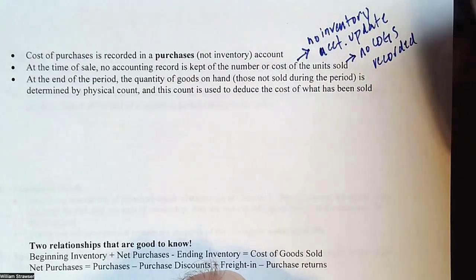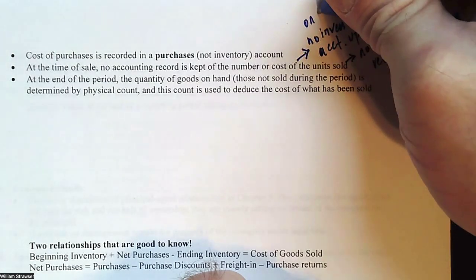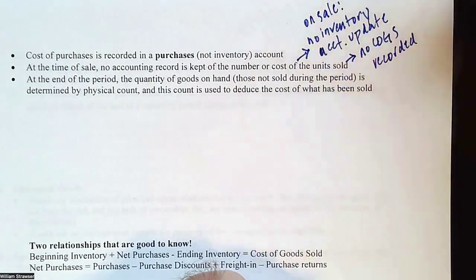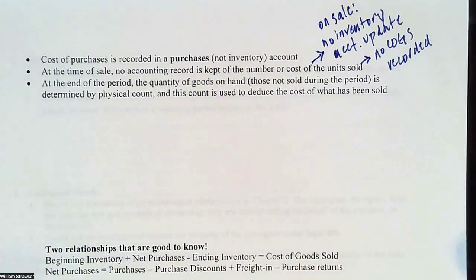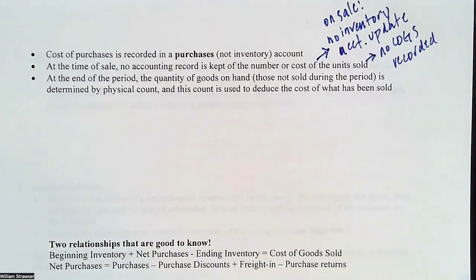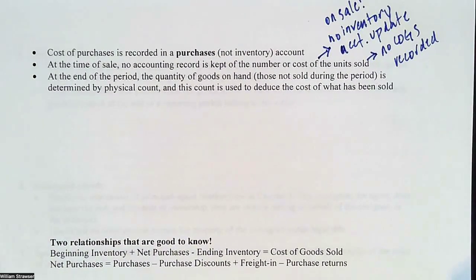So we're not doing this on sale. These two things are not happening like they do under the perpetual method, which means that the only way the periodic system can get at what we actually sold after hundreds of thousands of transactions during the period is to take a physical inventory count at the end of the period to deduce what had been sold.